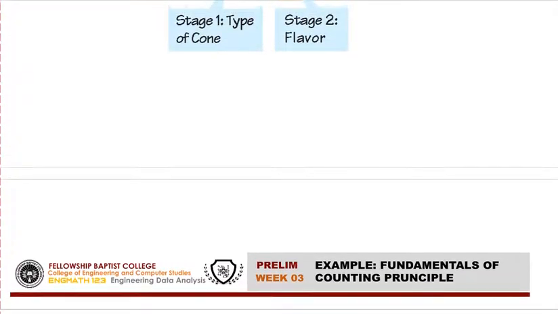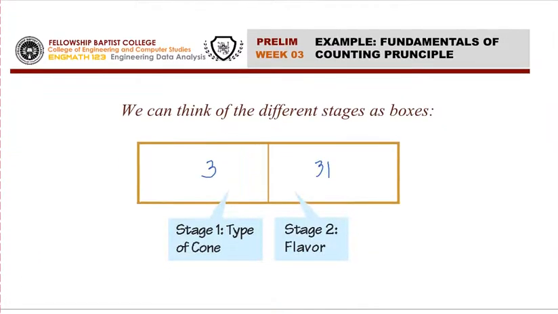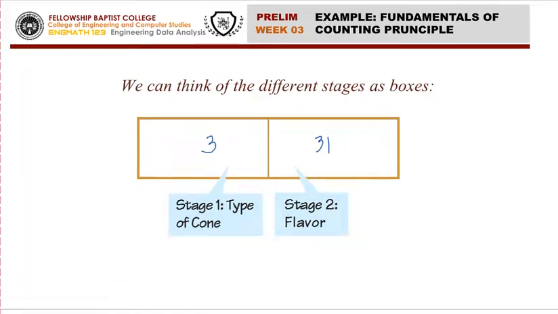Since we have identified what we can put in our boxes, we complete our category. For the first box, we have a value. For the second box, we have a value. Based on the fundamental principle of counting, we multiply the two stages.